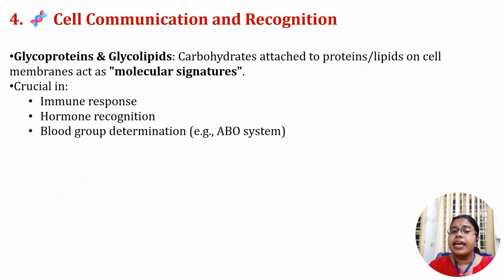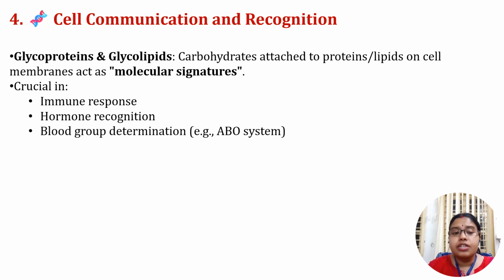It also helps in cell communication and recognition, as glycoproteins and glycolipids act as cell communicators, because glycoprotein and glycolipid are complex forms of carbohydrate with protein and lipid, and they act as molecular signatures.